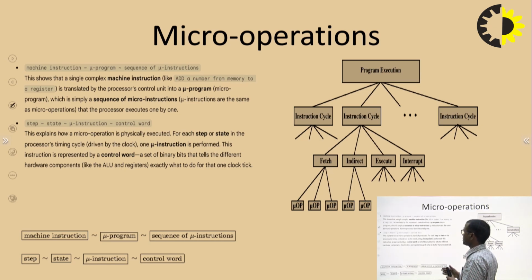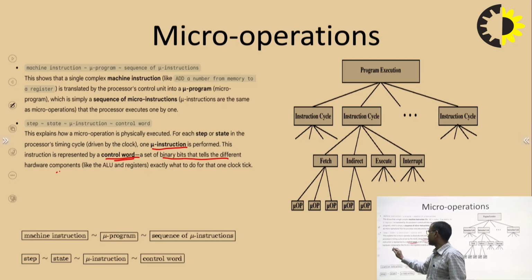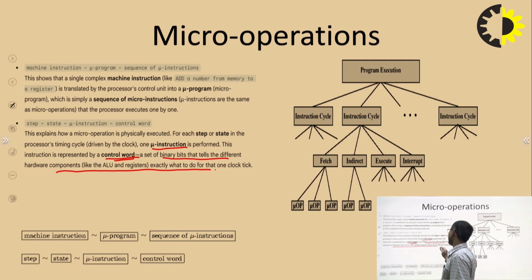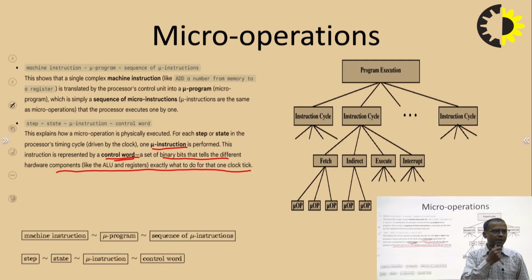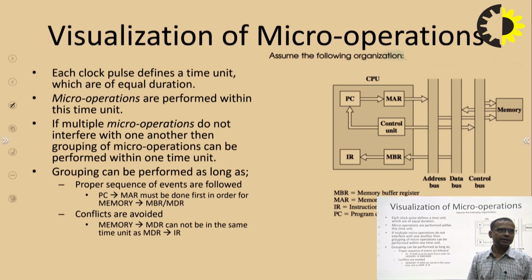The micro instruction is controlled through a set of binary bits, the control word, that tells different hardware components like the ALU and registers exactly what to do at which clock. That is very important: the micro instruction is regulated by the control word. The step or state at which a particular action takes place depends upon the control word.